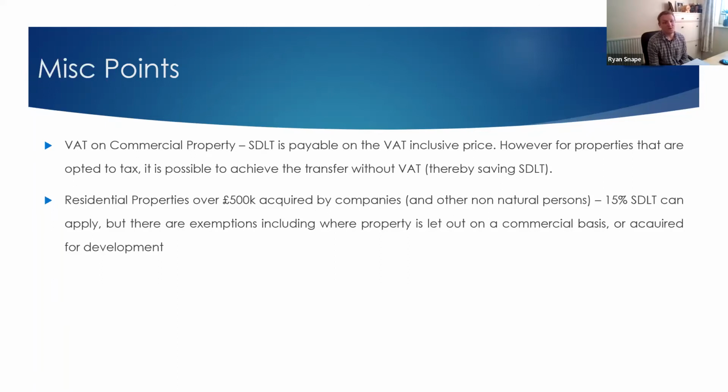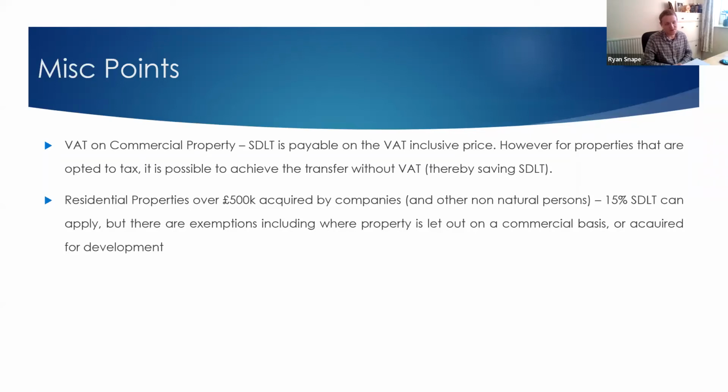The issue, of course, being that stamp duty land tax is assessable on the VAT inclusive price. So that can push up the price quite materially. It might be the difference between a £500,000 property being sold for £600,000 because we have to add VAT, and the SDLT would then be assessed on the £600,000 figure. It's probably worth noting that it is possible to transfer property and for the property itself to be outside the scope of VAT.